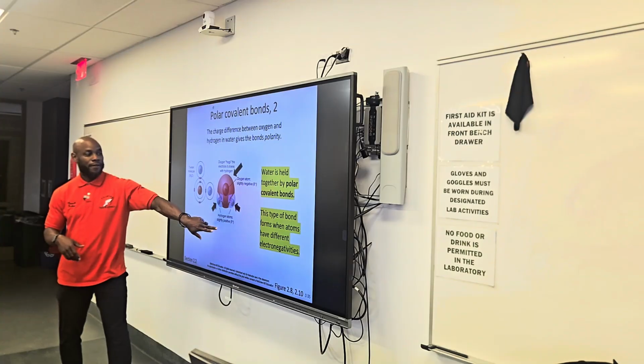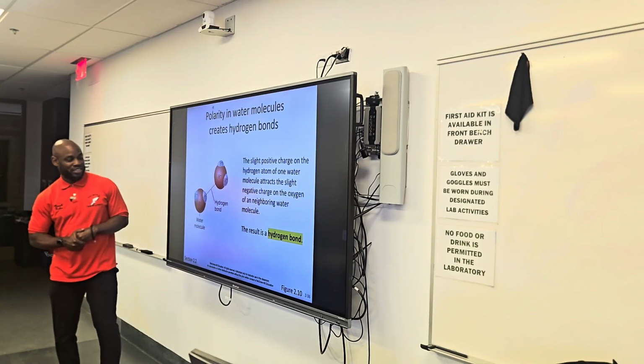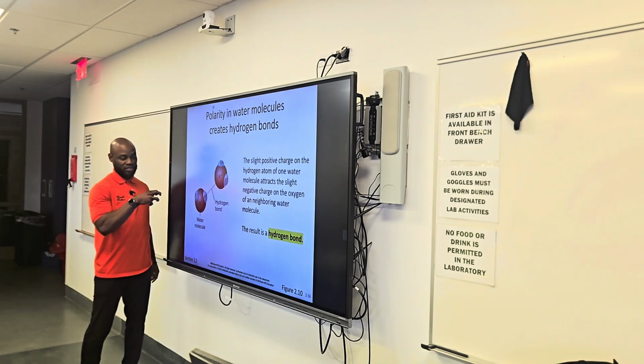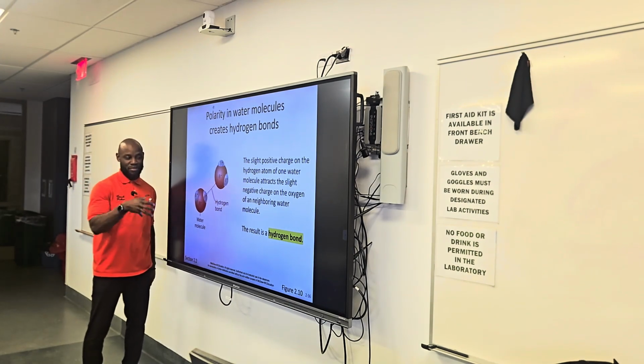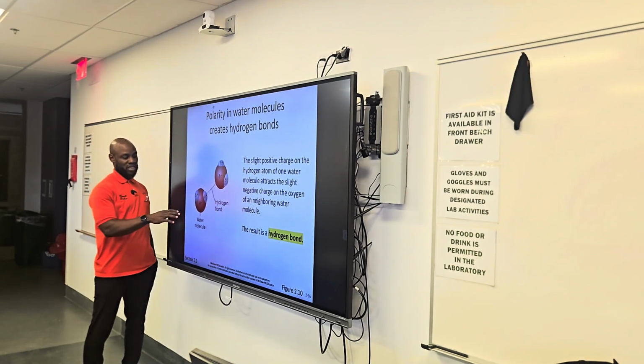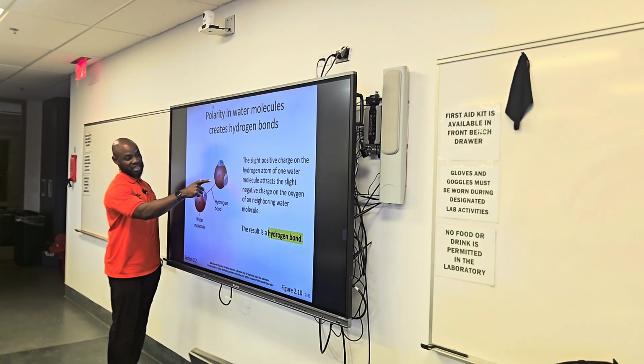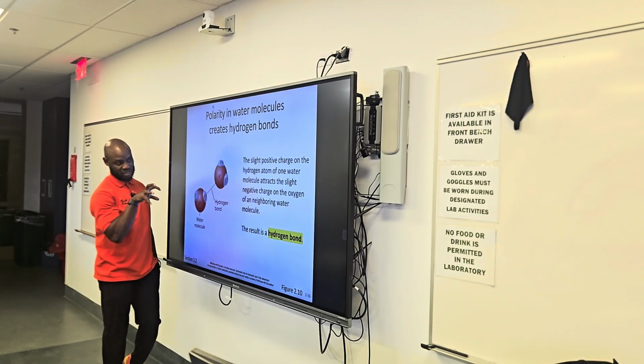Hydrogen has a little bit of a positive charge because it's a polar covalent bond. Water is held together by these polar covalent bonds. This type of bond forms when atoms have different electronegativities. Just talked about that. Now, back to that diagram that we originally mentioned earlier.